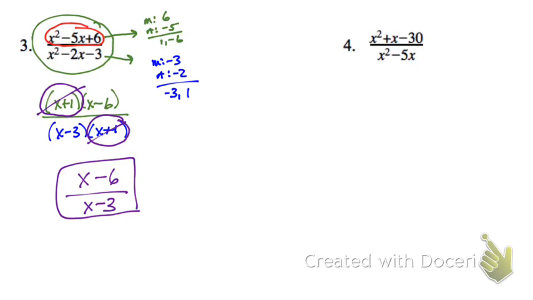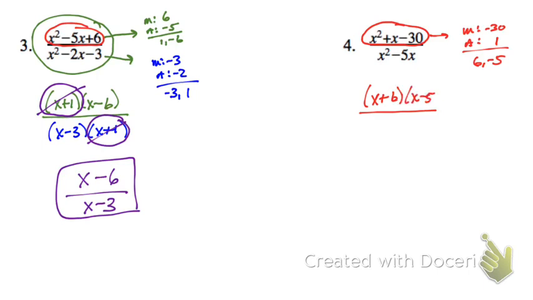What do you have to do? Well, you have to look at them individually. So look at that numerator and say, what can I do to that? Well, you would say my multiply number is -30 and my add number is 1. Well, what would that be? 6 and -5. So that numerator breaks into x plus 6 times x minus 5. Then our denominator, what can we do?